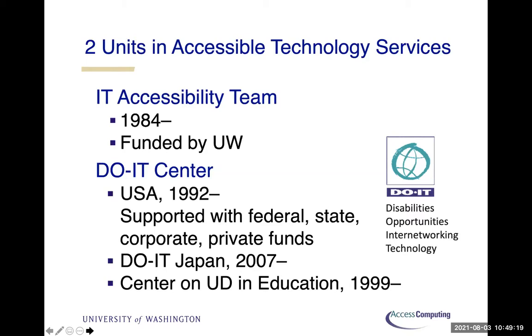And so I started the Do It Center in 1992, funded by the National Science Foundation, and have been supported in this part of my work with federal, state, corporate, and private funds. As has been mentioned, we've been around a long time, and I'm proud to say we've managed to get continual funding all that time from NSF, the Department of Education, and whoever will give us money to do the things that we want to do.